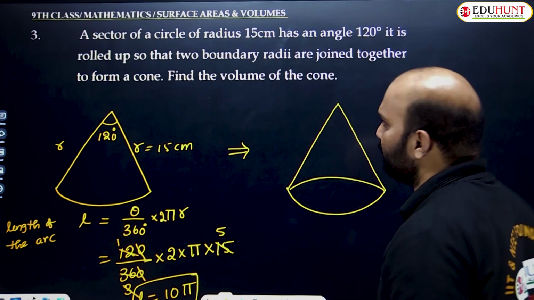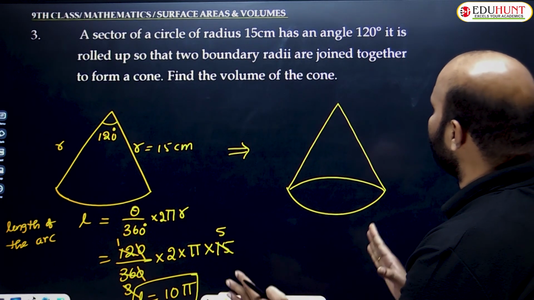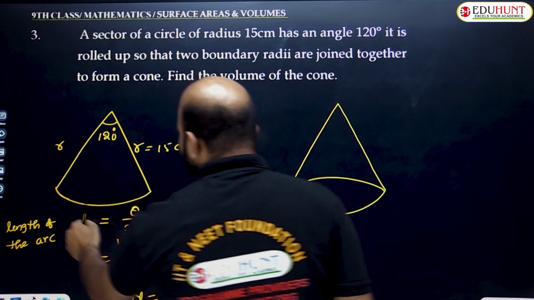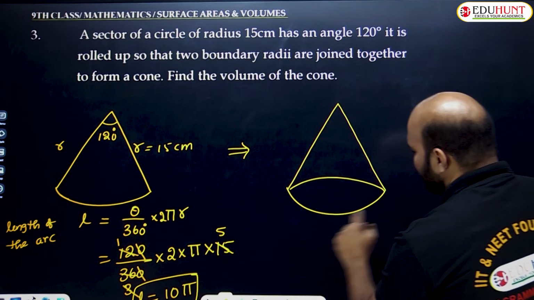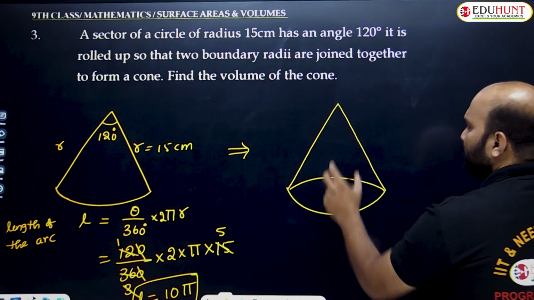So clearly we need to understand. If it is rolled up so that the two boundary radii are joined together to form a cone, then the length of the arc will become the circumference of the circle, the base of the cone.